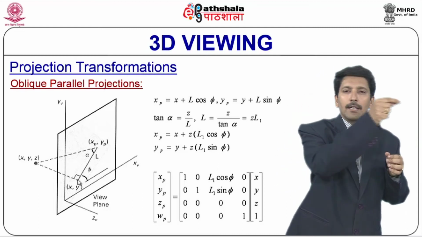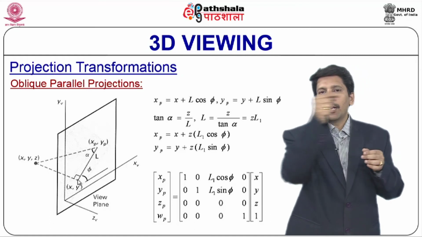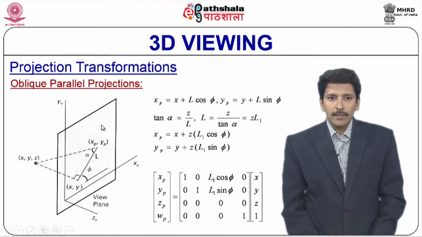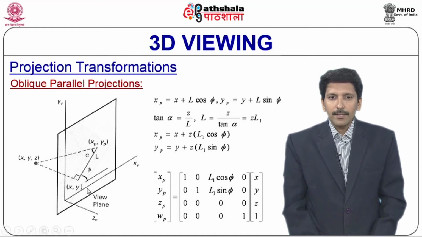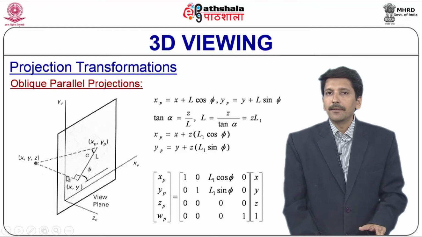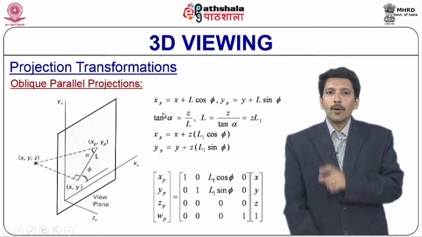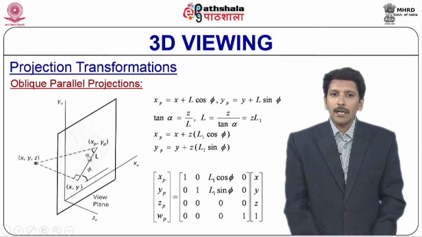The length travelled is actually z and you are reverting back along the same line. So, this length from x y z to x y is z. Now this is z, this is L, and tan alpha is equal to z by L.